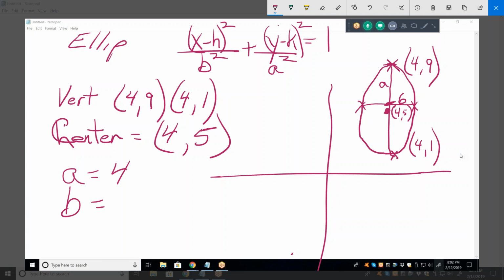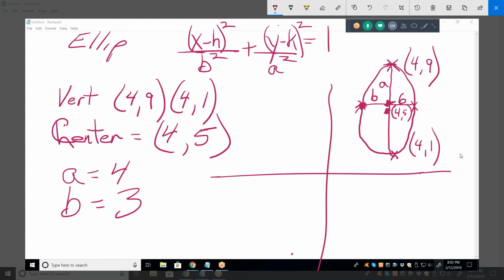No? B is from the center to that minor vertex. They've given you the length from minor vertex to the other minor vertex. So half of that is what we're looking for. In other words, B is this distance right here. If the whole line is 6, B is half of 6.